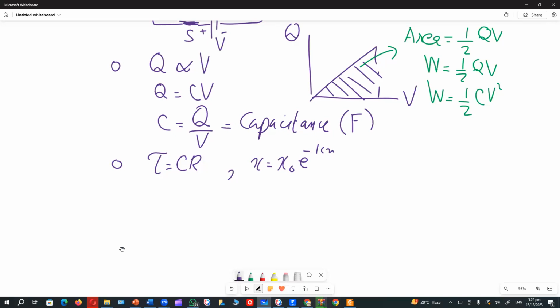So this formula is used for discharge of a capacitor. This is a very important formula, and in all the new papers after 2022, this is coming. I hope people remember what this tau stands for. The tau stands for time constant.